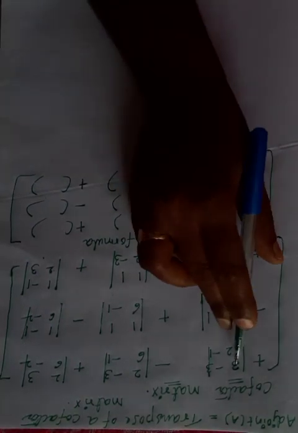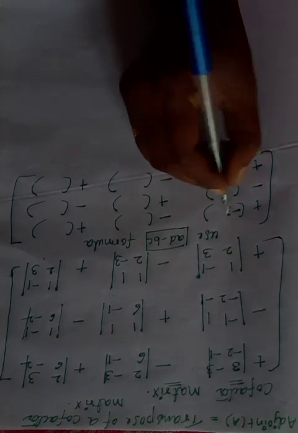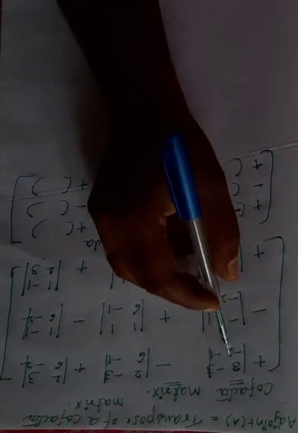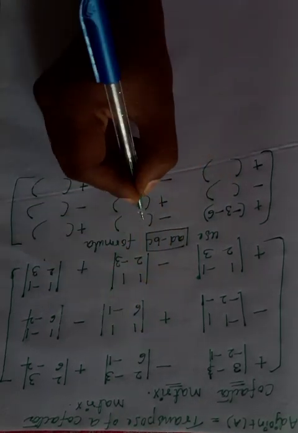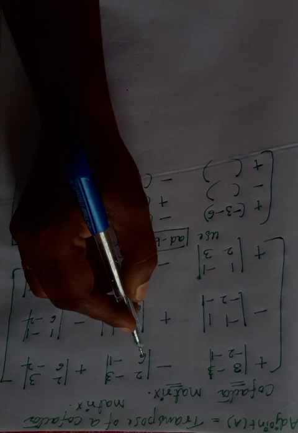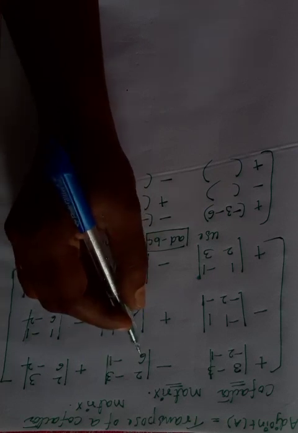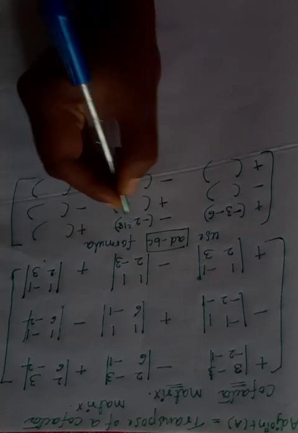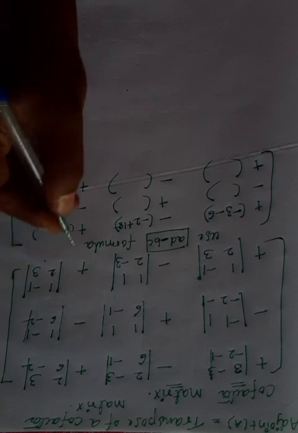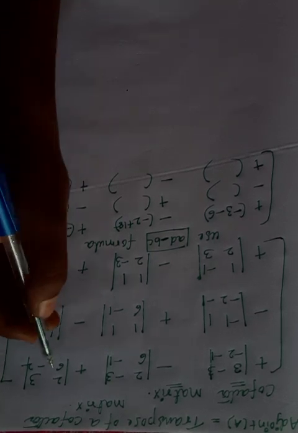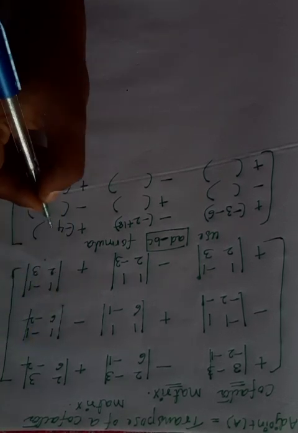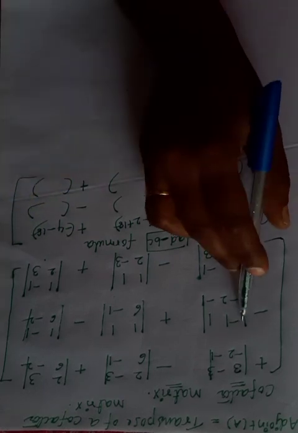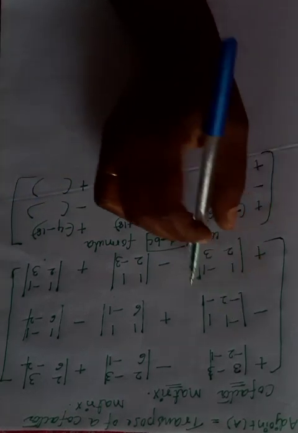So 3 into minus 1 is minus 3. Minus into minus plus, 2 3s are 6, so minus 6. 2 into minus 1 is minus 2. Minus 3 into 6 is minus 18. Here we have to write plus 18 because of AD minus BC. 2 into minus 2 is minus 4. 6 3s are 18, so minus 18. 1 into minus plus 1 1s are 1.